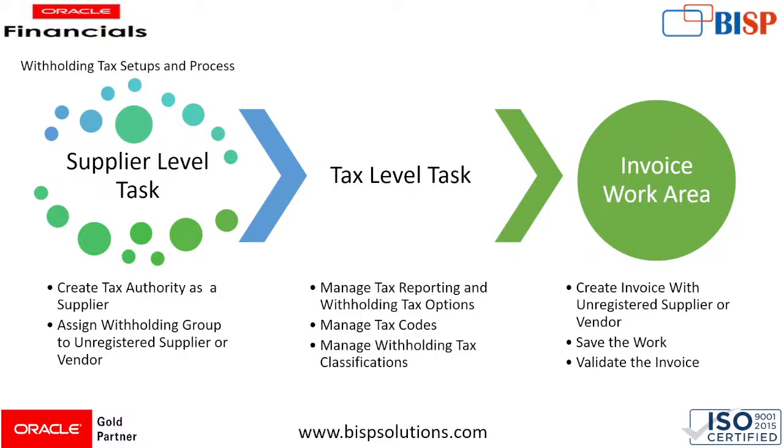That classification or group will be assigned to the unregistered supplier or vendor, right? After that, assigning that particular vendor with that group, at the site level also we will enable that.